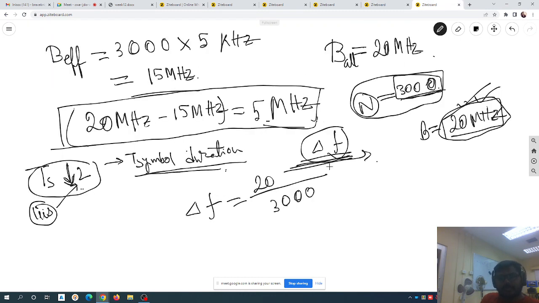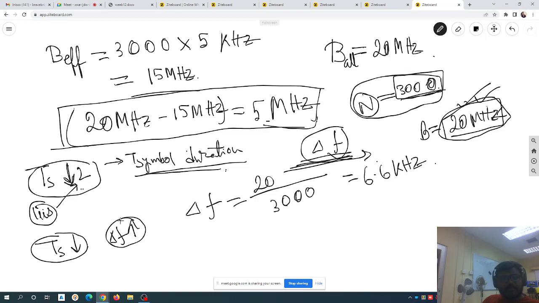So this is 6.6 kilohertz. So what's the conclusion? If we decrease the symbol duration and keep everything constant, it increases the delta f. So if we think for the whole system, if we had used this 4096, then when symbol duration has been decreased by a factor of 2, this should be increased by a factor of 2.